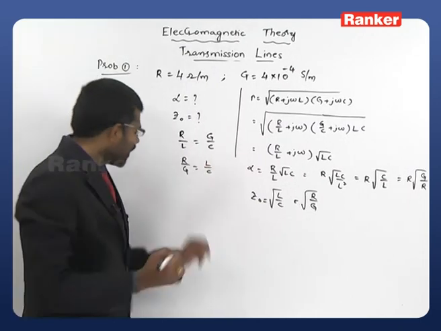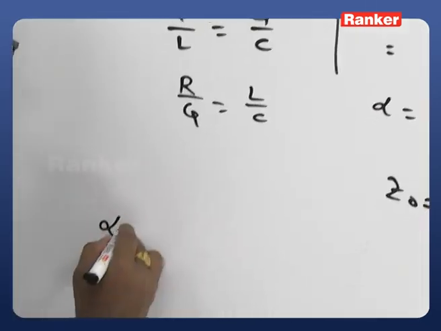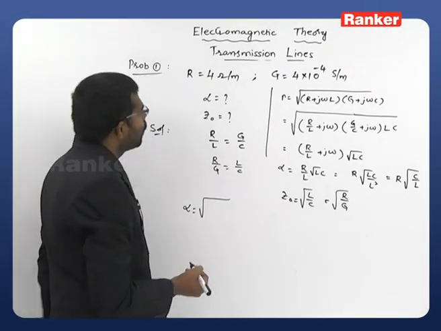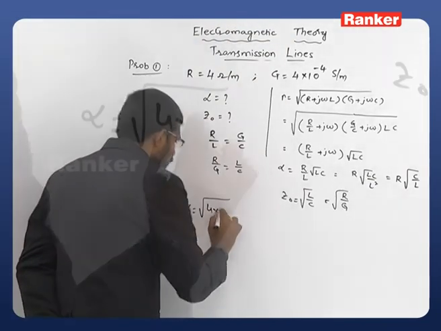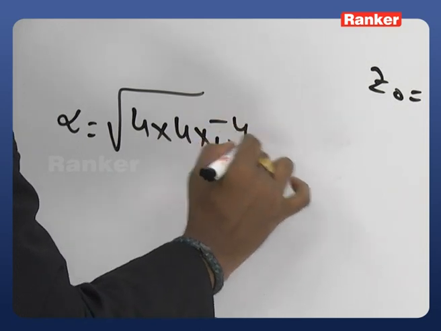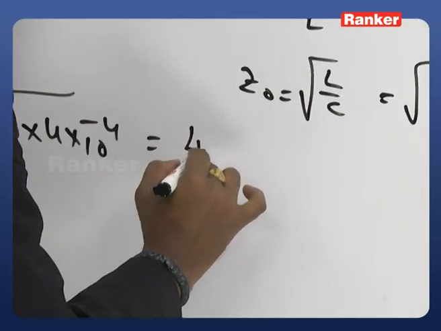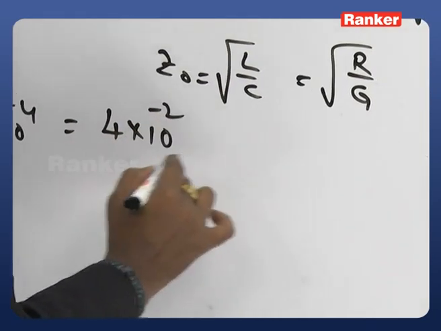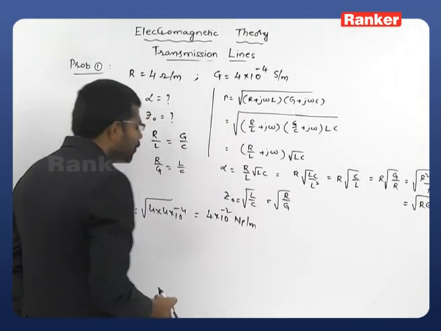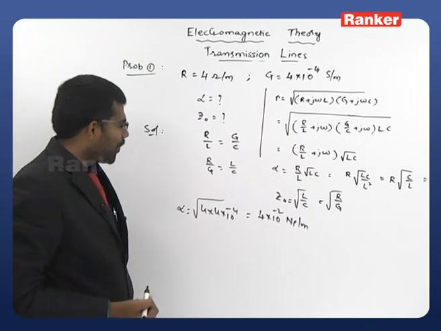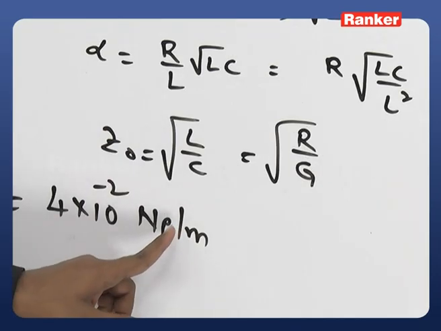No problem. Now what is alpha? Substitute there. Alpha is equal to root RG. What is R here? 4, into what is G? 4 into 10 power minus 4. So which is equal to 4 into 10 power minus 2, and since it is alpha, Napier per meter is the unit. So 4 into 10 power minus 2 Napier per meter.